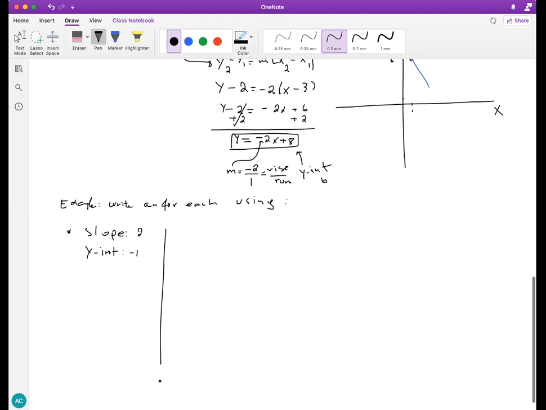And the other case, this time I'll give you the slope. M is 3/4. But actually, let's make things a little simpler. Let's say the slope is 5, and a point, maybe.